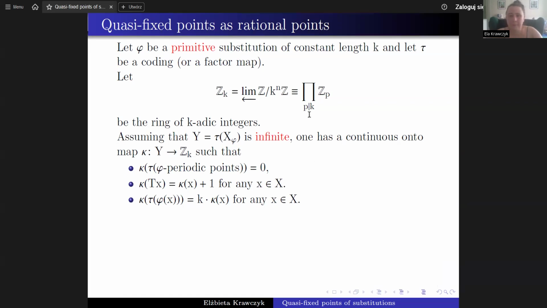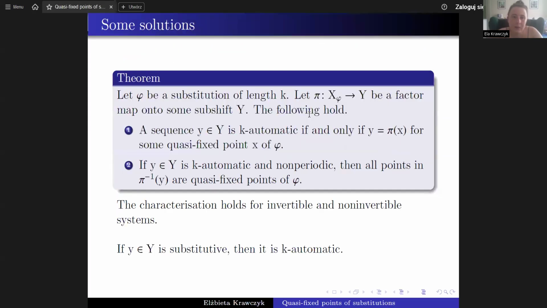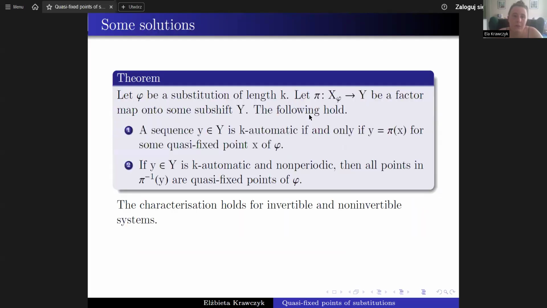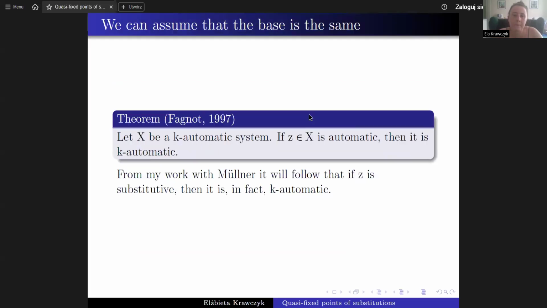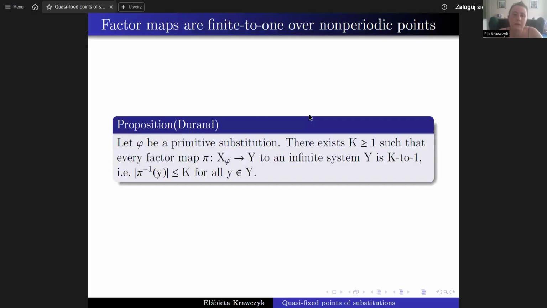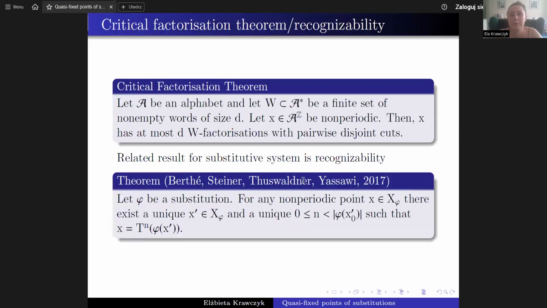So you have this recognizability result. Assume here that your substitution phi is of constant length k. You start with some point x, and you want to understand what is the image of this x by kappa in the k-adic integers.